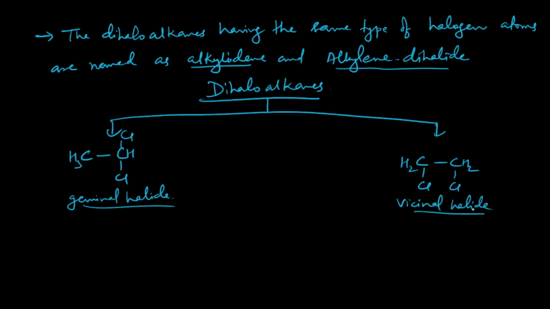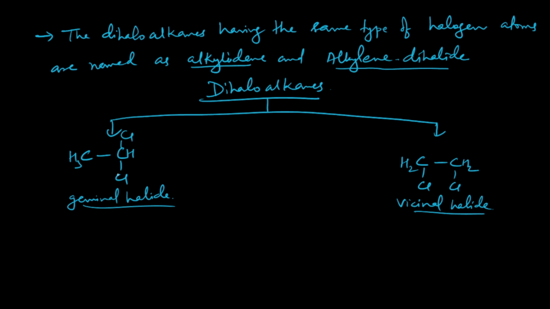Vicinal means it will be the next carbon. It is not that you skip one carbon and add on the third carbon. No, carbons 1 and 2, 2 and 3, 3 and 4, 5 and 6. It means the halogens should be on adjacent carbons. So we call it vicinal.